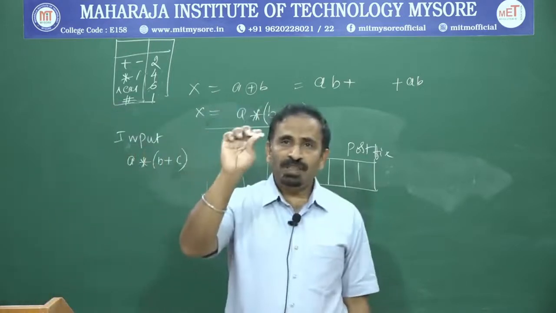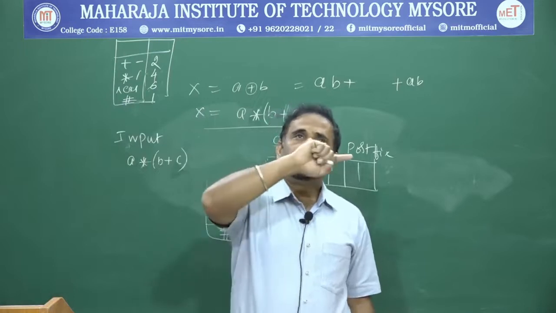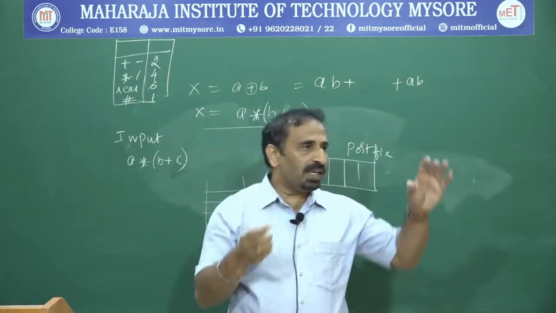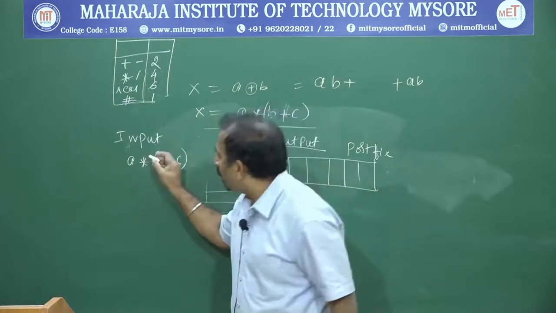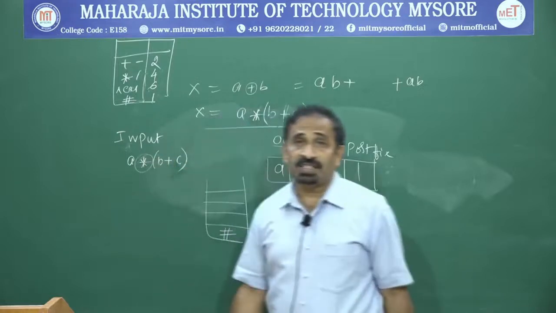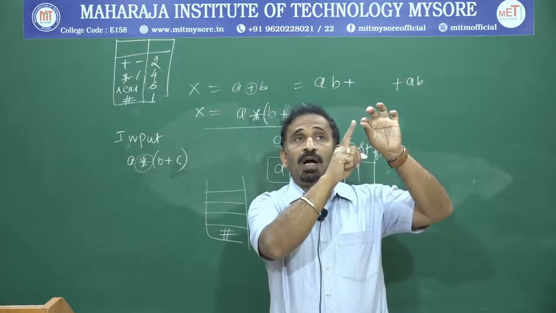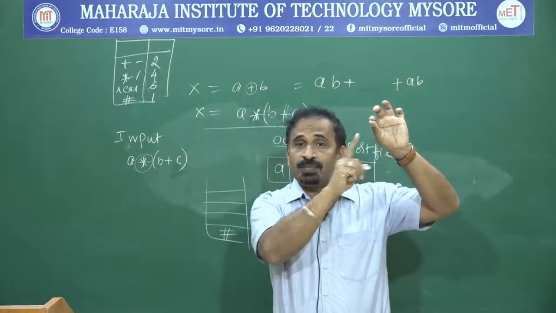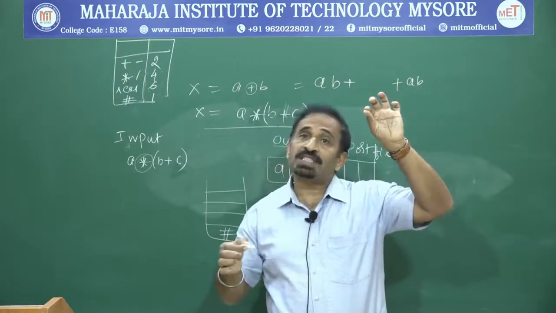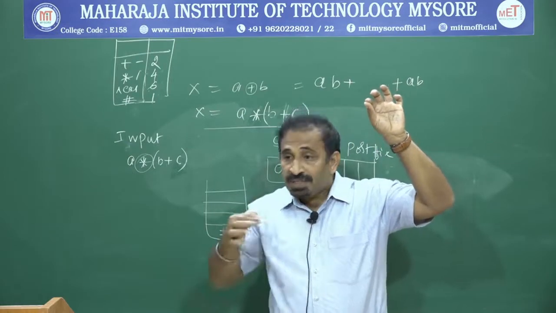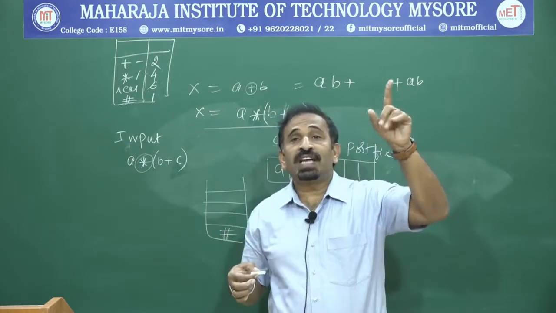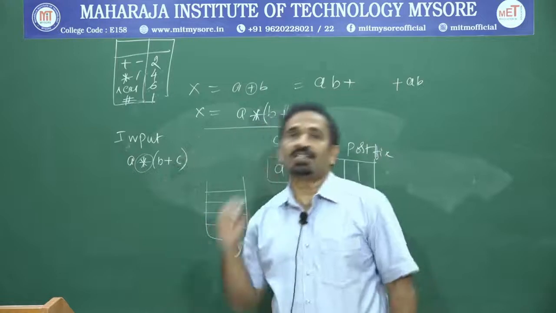So the simple rule is, as you get an operator, now I am getting an operator, star. Look at the precedence of the current operator and the precedence of the stack top. If this is lower and this is higher, simply transfer it.